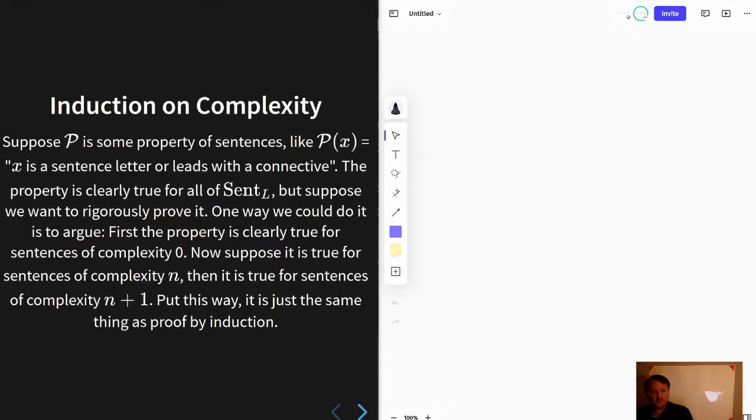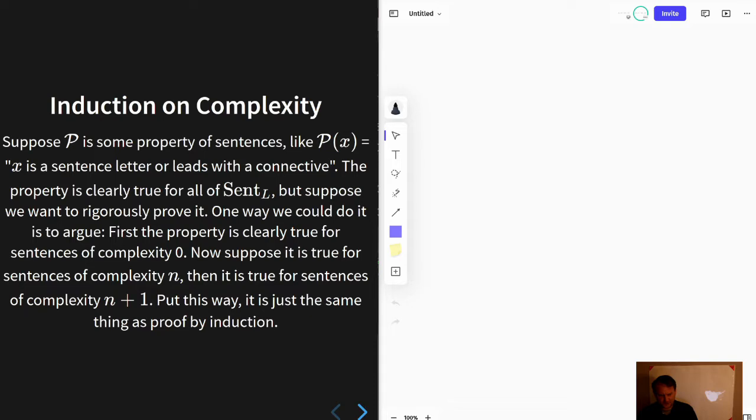As a warm-up to talking about induction on complexity, let's start by thinking about how we could use regular induction in this particular setting. We'll often be interested in having some property, call it P, which is a property of sentences, so it makes sense to talk about whether a given sentence does or does not have this property P. Just to give an example, we could say that P of X means X is a sentence letter or leads with a connective.